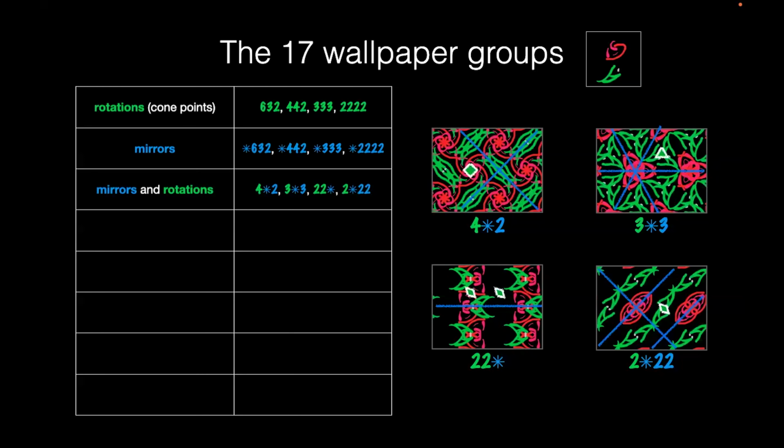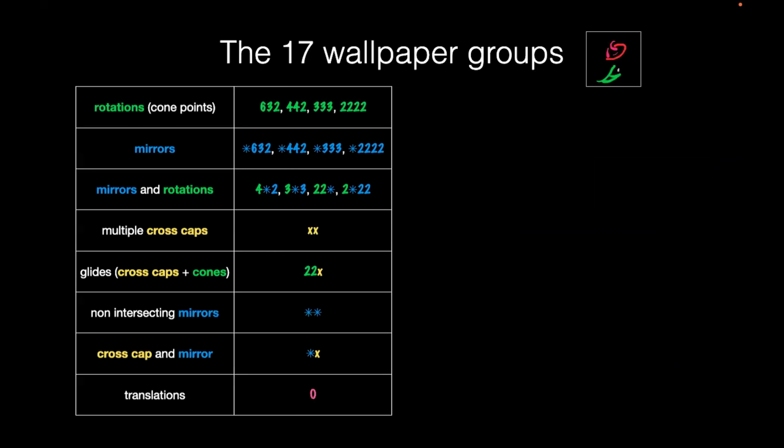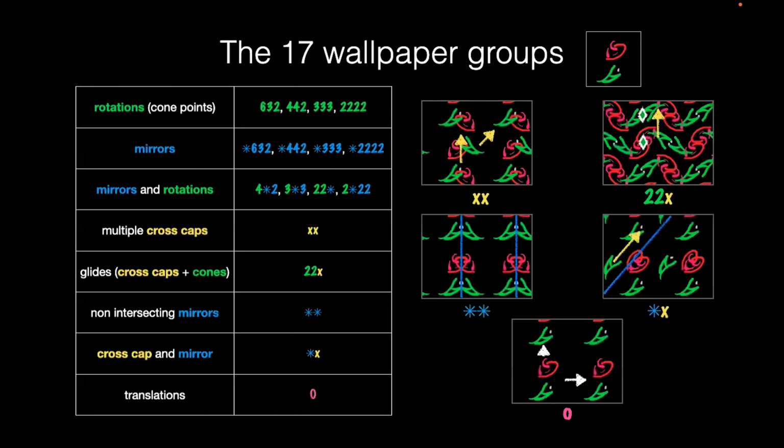So these are very pretty. And then we have everything else. So this is just the combinatorics of everything else. We get things that have just pure translations. We get these glides. The glide and mirror is this one we did.